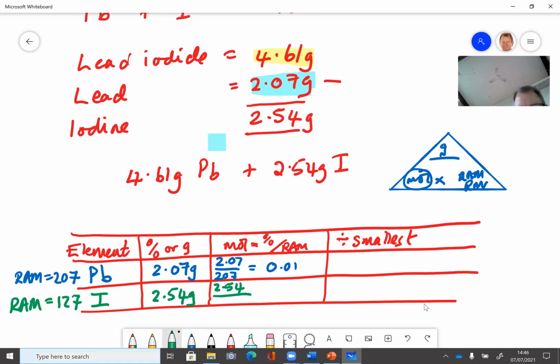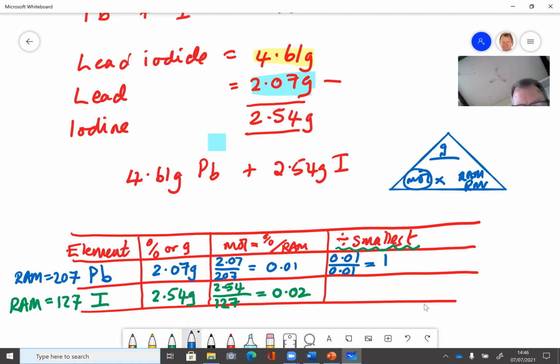Over 127, and that is equal to 0.02. Now, what I want to do here is find the ratio. If I have two numbers, I find the smaller one, 0.01, and I divide it by itself, obviously to produce 1.